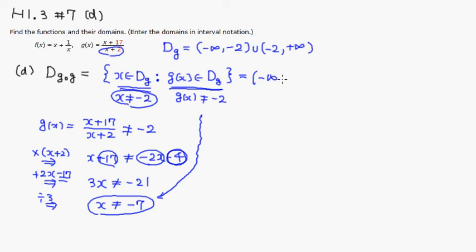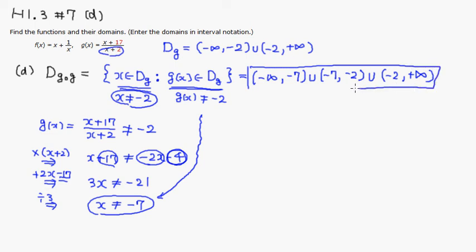So it's going to be -infinity all the way to -7, skip -7, all the way to -2, skip -2, then go all the way to positive infinity. So this is how you find the domain of the composite function g of g. I hope this was clear.